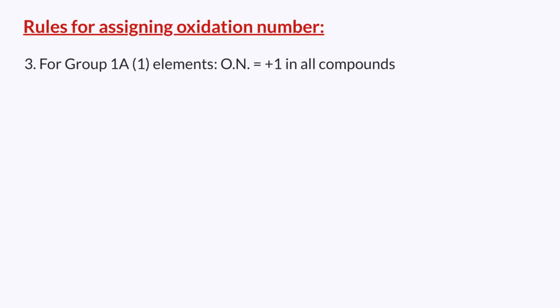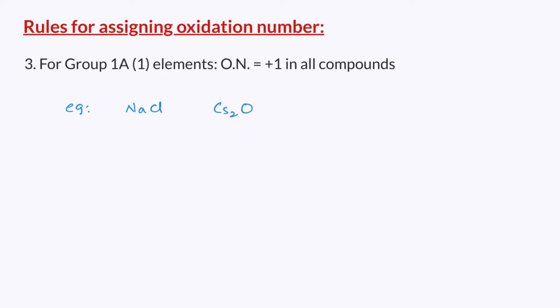Rule number 3. For group 1A elements, the oxidation number is equal to +1 in all of its compounds. We take any compound with a group 1A element in it. For example, sodium chloride or cesium oxide, etc.